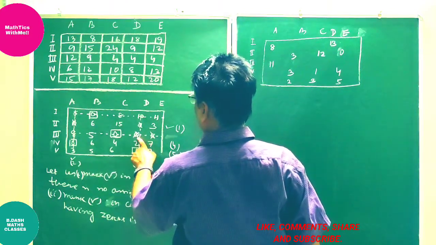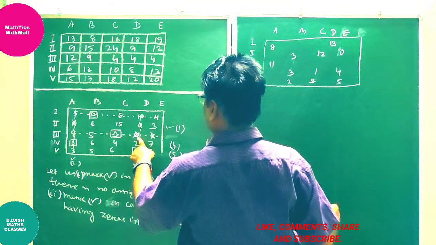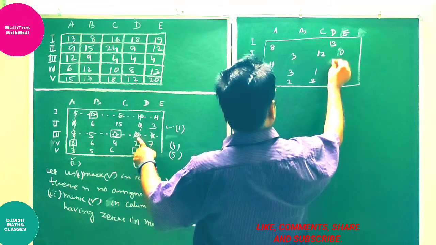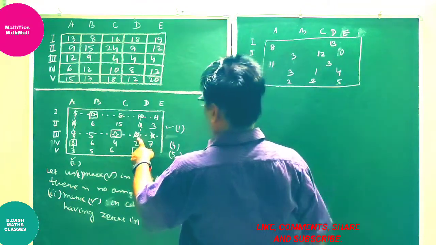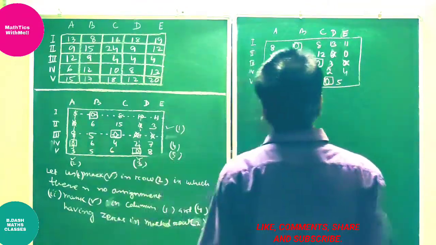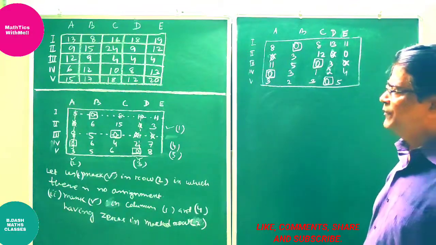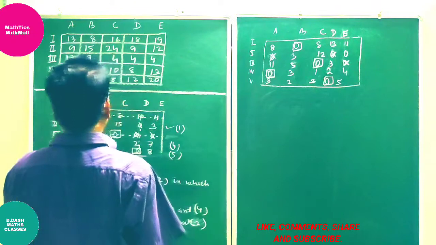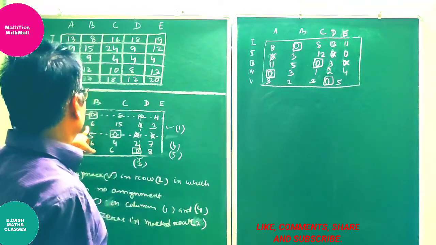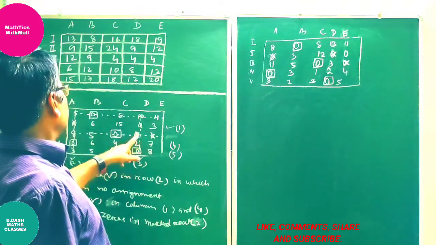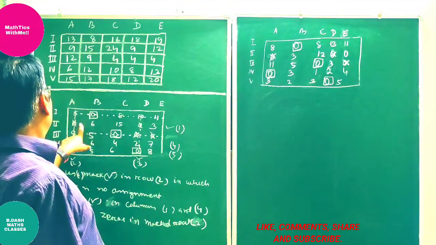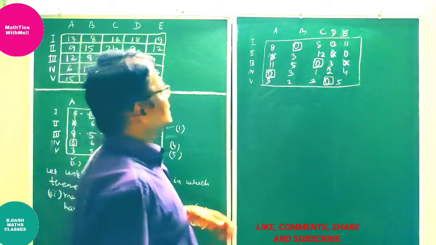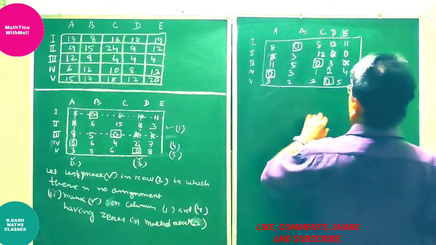Now this one will be 3. Here it will be 3. So now subtracting the smallest number 3 from the numbers that do not have lines through them and adding 3 to those numbers that lie in the intersection of the lines, we get this matrix.